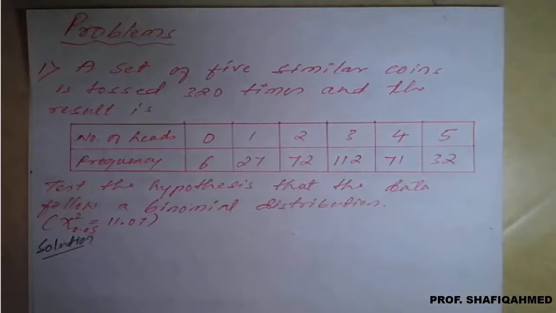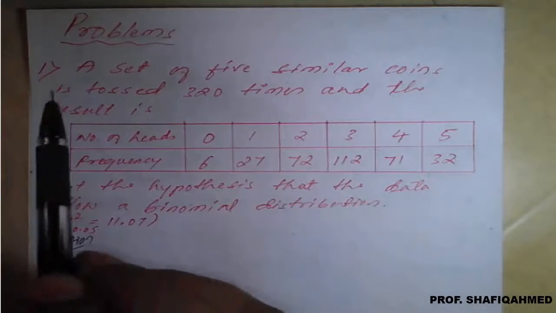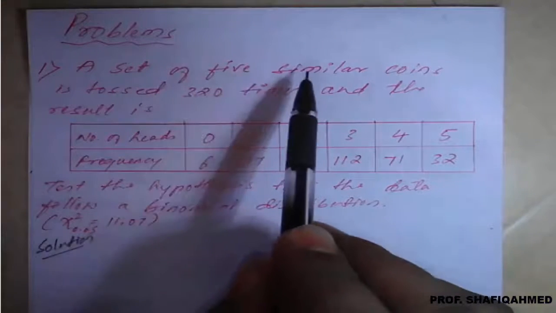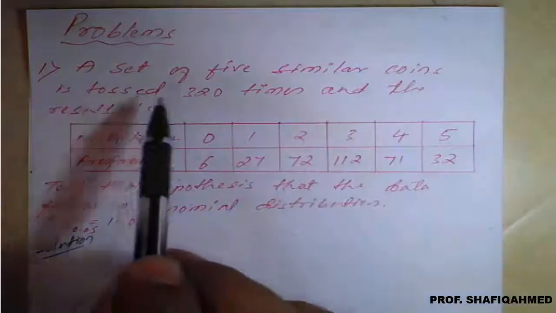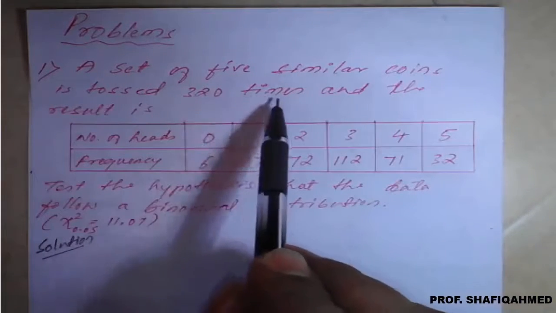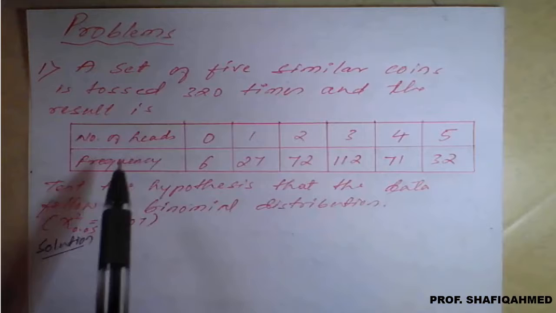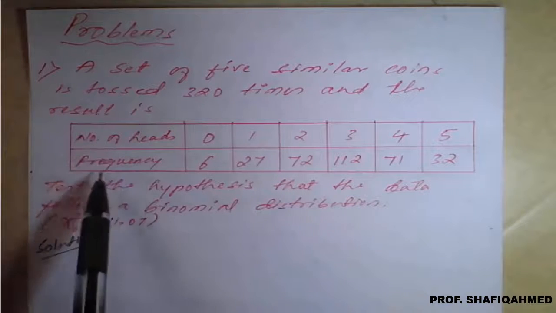Good morning, dear students. In today's class, we'll see the problems based on chi-square distribution by using the chi-square formula. The problem is: a set of 5 similar coins is tossed 320 times and the result is number of heads and frequency.